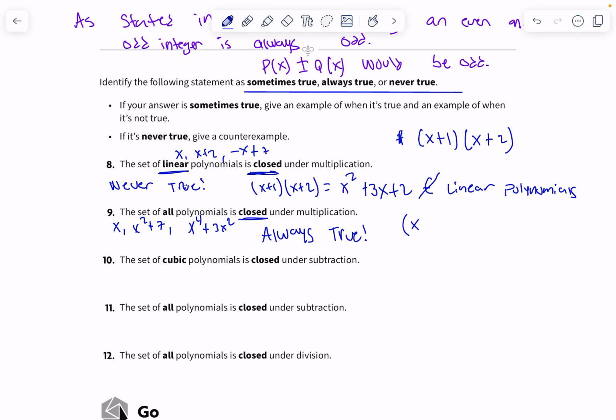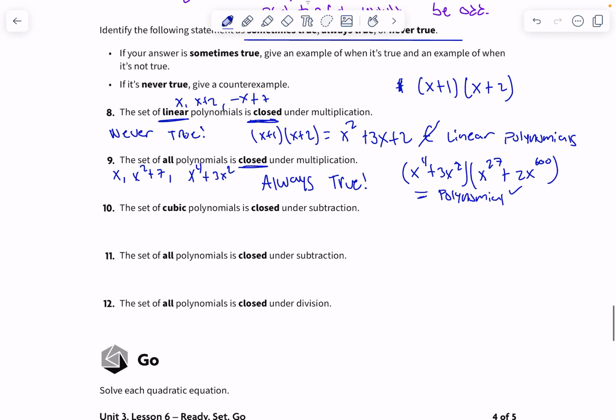So if I multiply x to the fourth plus 3x squared times x to the 27 plus, I don't know, 2x to the 600, it's always going to be a polynomial because we know that numbers are closed under multiplication, right? So the product of two polynomials will be a polynomial. Okay, think about that. Good.